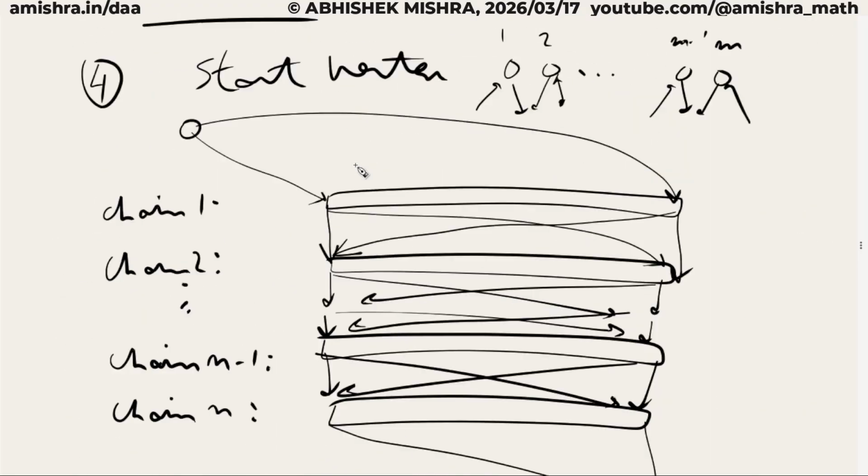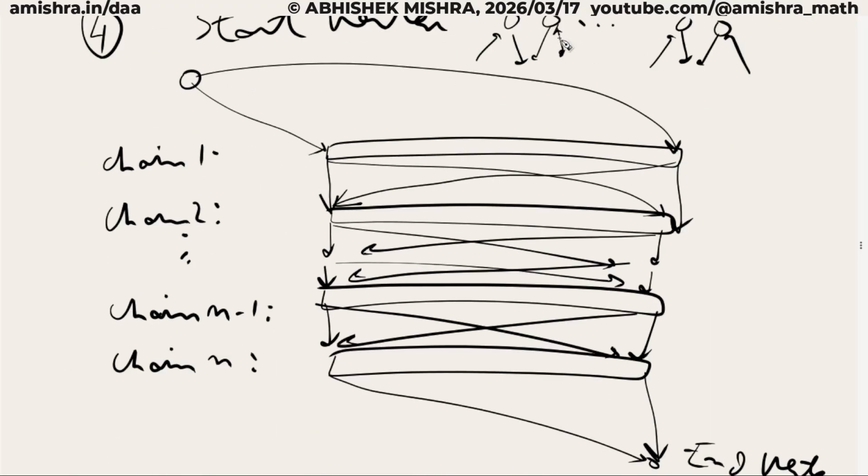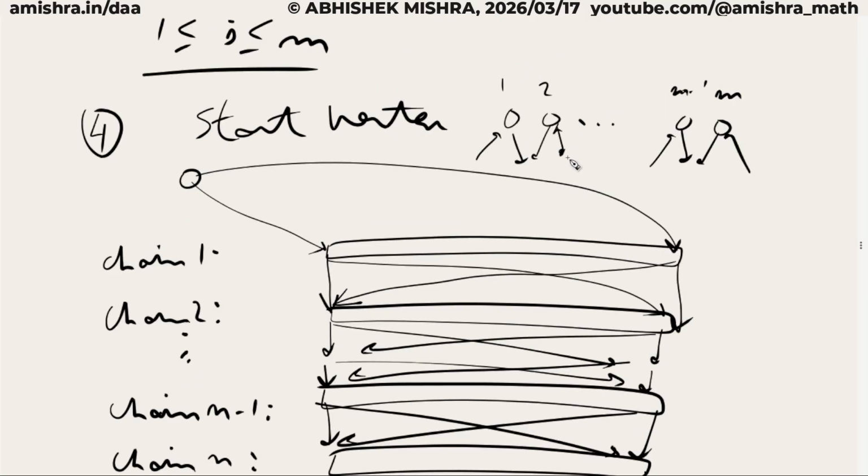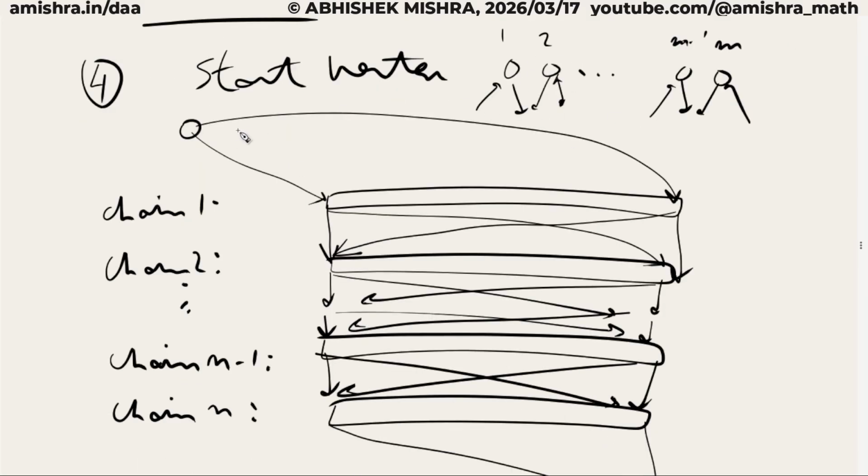So once again, just consider this structure together with this complete graph we consider. As I explained earlier, we are forced to start at the start vertex. Now each chain we have to traverse in order, either left to right order or right to left order.